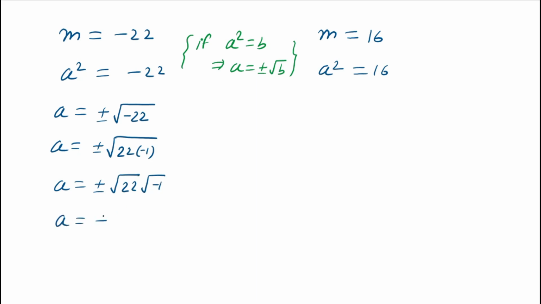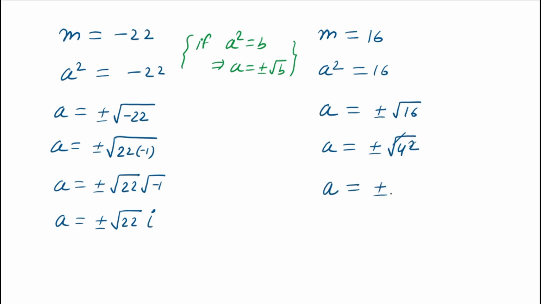Square root of minus 1 is iota. And here, a is equal to plus minus square root of 16, which is 4 square. The square root is cancelled out by this square, then the value of a is equal to plus minus 4. We have four possible values of a.